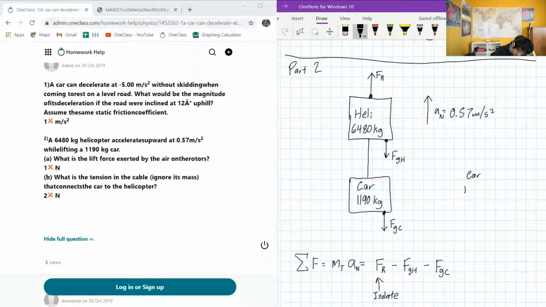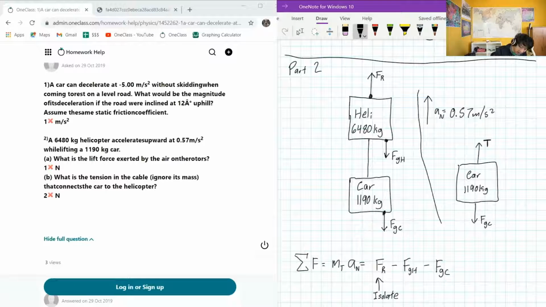We know the car is 1190 kilograms. Just looking at the car itself, we have a tension force going upwards, and we have our gravitational force, FGC, FG car, going downwards. And we know that our net acceleration is also that AN value of 0.57.